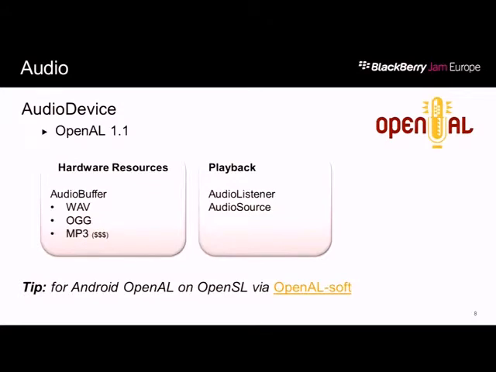And then for playback, you have a listener, which is you, the user, and your position, basically. And the audio source is basically like an instance of a buffer at a location in your scene, so that you can potentially have 3D. So OpenAL does support 3D. Watch out on Android. OpenSL, most of the implementations don't support 3D in them. I've tried them. I was kind of surprised.